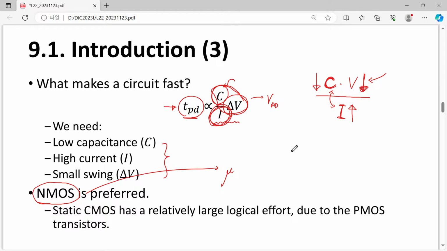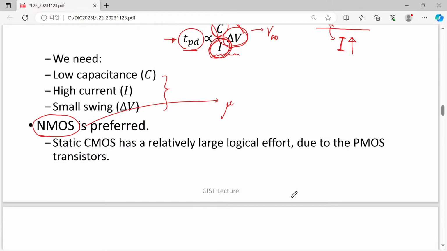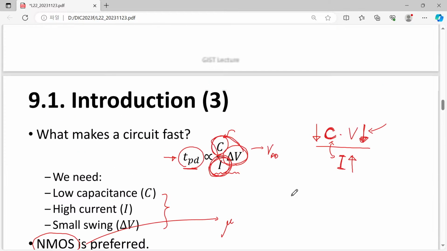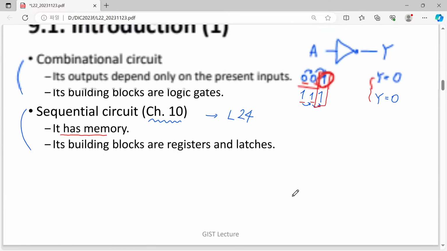Sometimes, for some special cases, you can sacrifice the power consumption, then you can boost up your speed. But this is not applicable to every case. So we have to use it only in cases where it is really, significantly beneficial. So next lecture we will consider it.